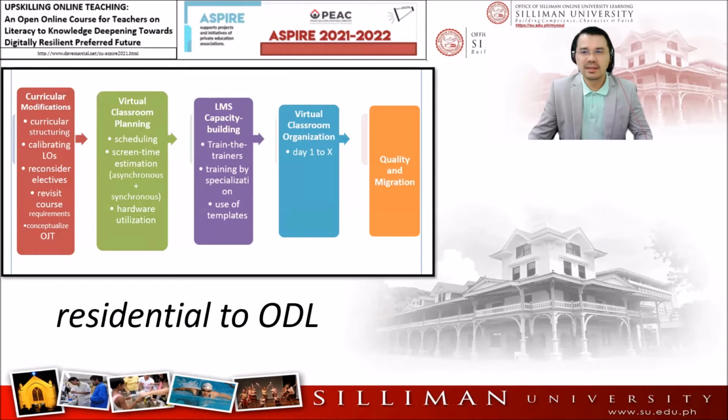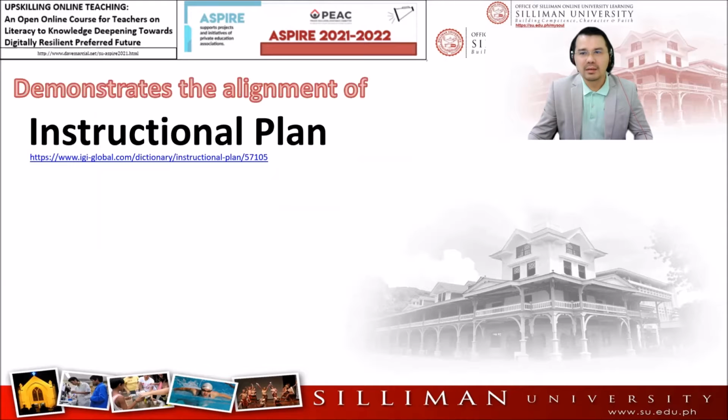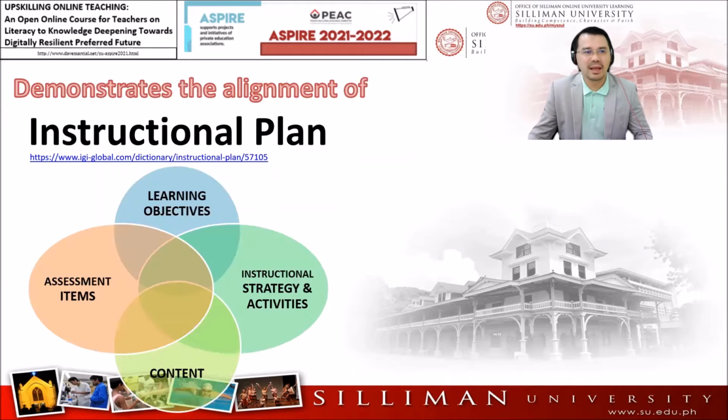Residential to online distance learning is a rigorous process. Transition starts from curricular modification until quality and migration. As we all know, an instructional plan comprises different alignments in terms of the learning objective, assessment items, instructional strategy and activities, and content.